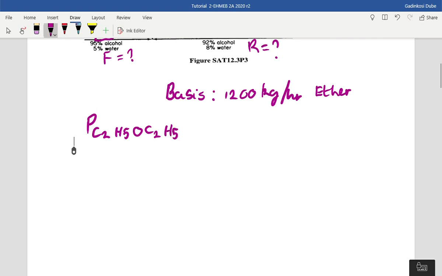Okay, so that's the formula. And then mass over molecular weight.